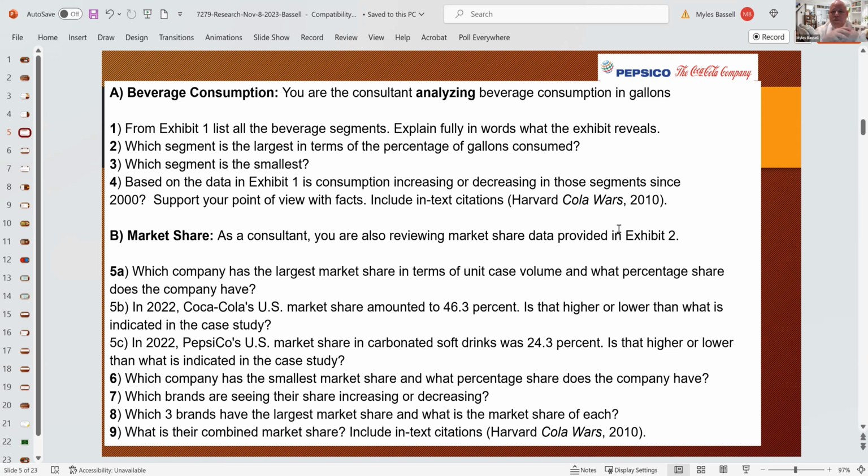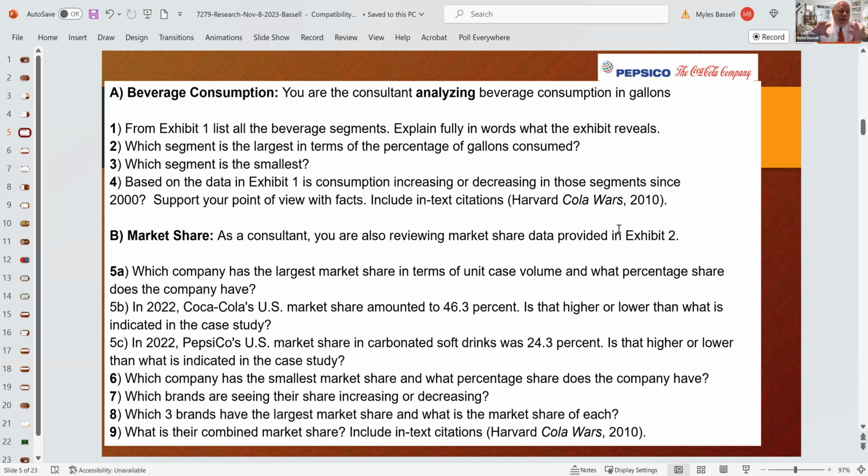Like, for example, without even looking at the case study, what are some of the beverage segments? Alcohol, water, carbonated soft drinks, coffee, tea, right?